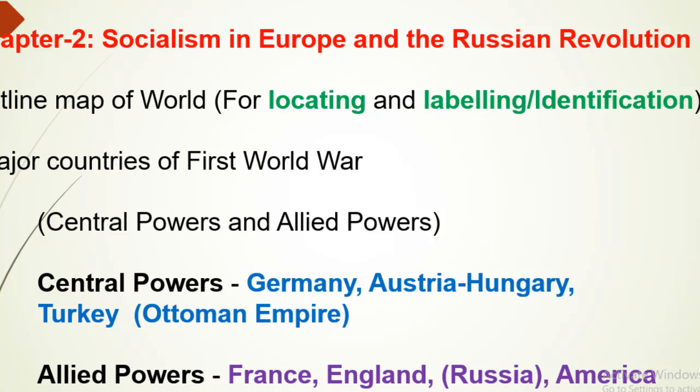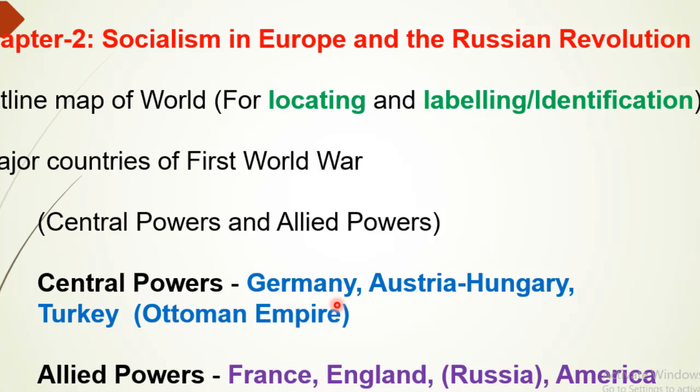Countries like Germany, Austria-Hungary, Turkey, all these countries were part of Central Power. These were the main countries. Similarly, France, England, Russia, and America or USA were part of Allied Powers. Two main powers were there during the First World War. The enmity was there between these two power groups, Central Powers and Allied Powers.